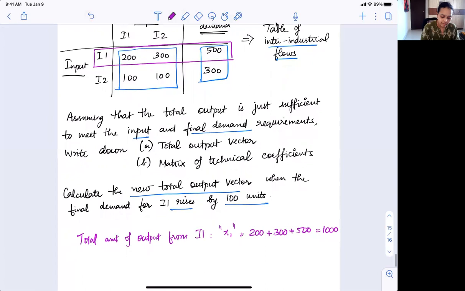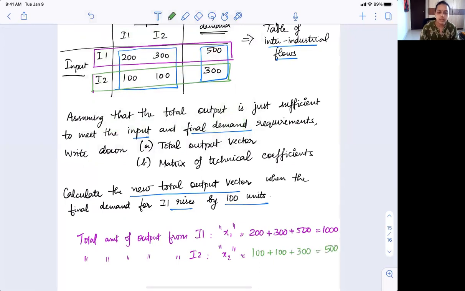Similarly, if we want to find the total amount of output from I2, let's call it x2. That will be the second row: 100 units towards producing I1, another 100 units towards producing I2, and 300 units in the final demand, which tells us that in total, 500 units of x2 are produced.